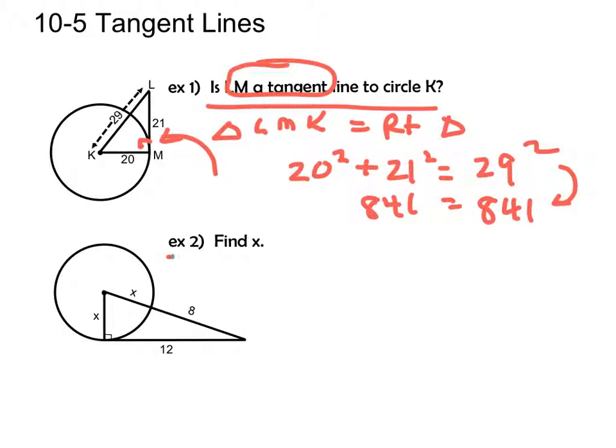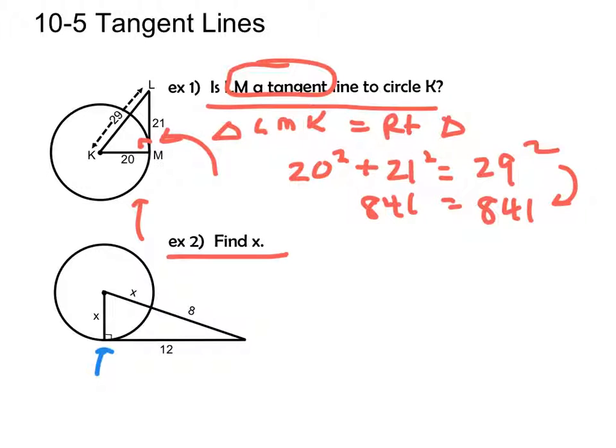Well, let's try this one. We have the same situation as above, although this time we're trying to find x, some unknown. In this case, it would be the radius of the circle. To do this, I would once again say this is a tangent line, because of the right angle there, so the Pythagorean theorem must hold. The Pythagorean theorem is vital for most right triangle problems.